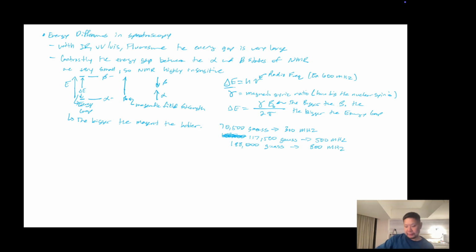So at this point in time, the highest field instrument we have is probably around a 1.2 gigahertz instrument, and it's really interesting because NMR spectrometers are really pushing the limits with their electronics on how to create a uniform, homogeneous magnetic field, because you want to keep the magnetic field the same throughout the entire sample.